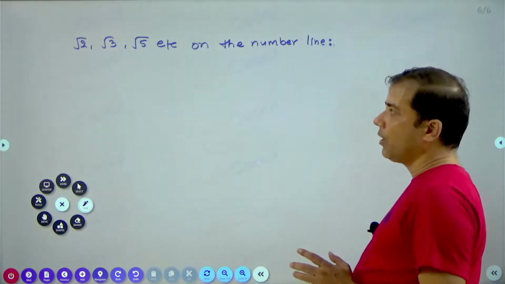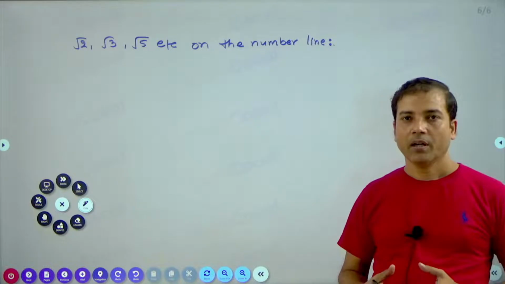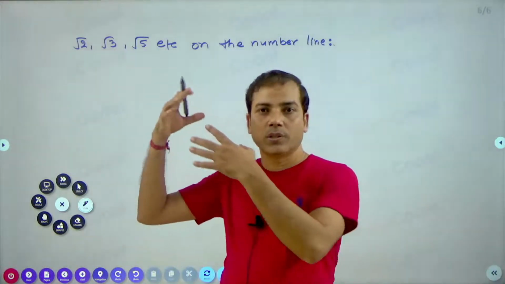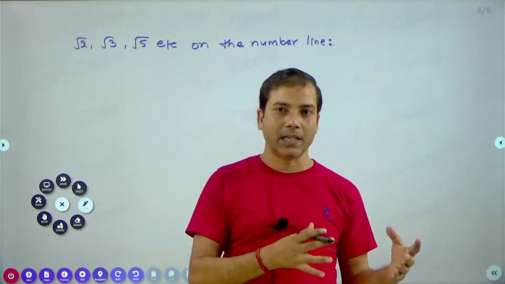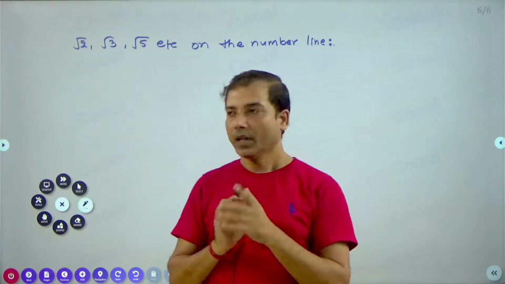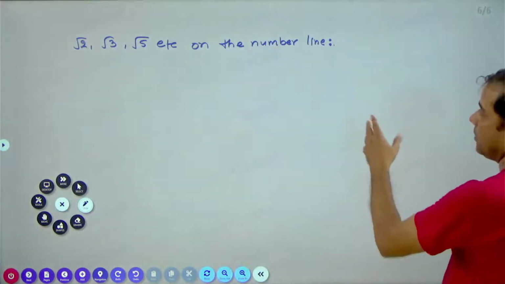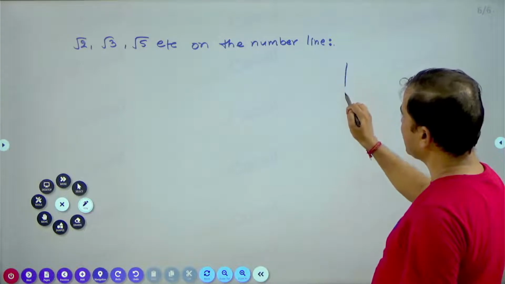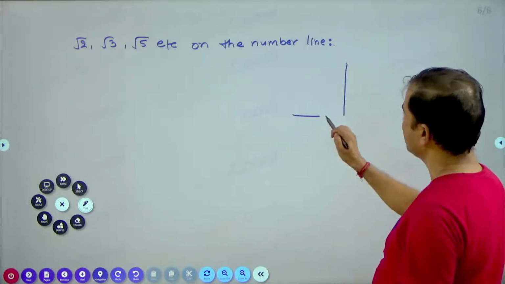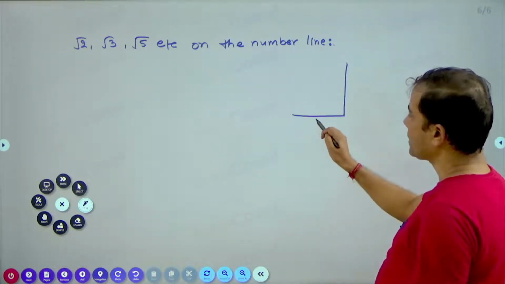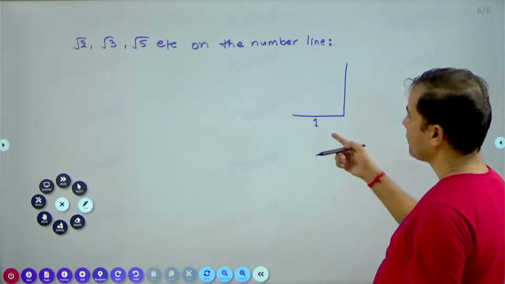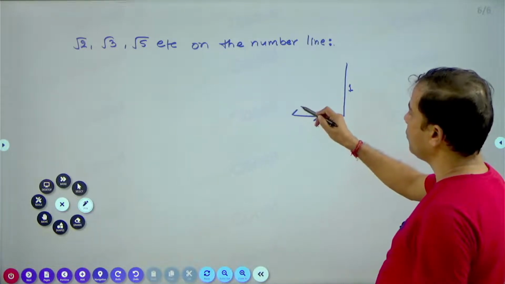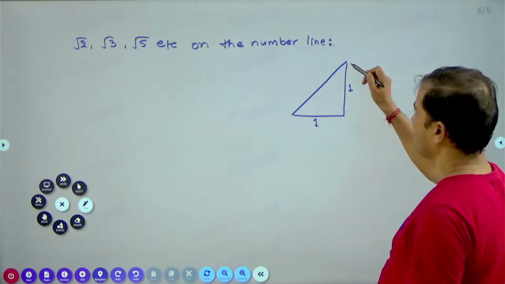You know what is Pythagoras Theorem? Yes. You know what is a right triangle. Yes. You also know how to use Pythagoras Theorem inside a right triangle. Yes. Let us see a specific situation. When you have a right triangle with base 1 unit, height also 1 unit, see how long is the hypotenuse.